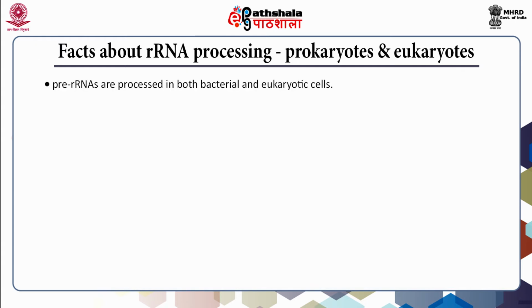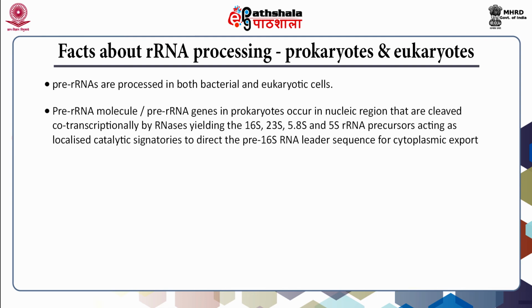In prokaryotes, the nucleoid is the locus of initial rRNA processing events, where RNases function to co-transcriptionally cleave the primary ribosomal RNA transcript, yielding the 16S, 23S and 5S precursors, thus serving as localized catalytic signatories to direct the pre-16S RNA 5' leader sequence region to the nucleoid.